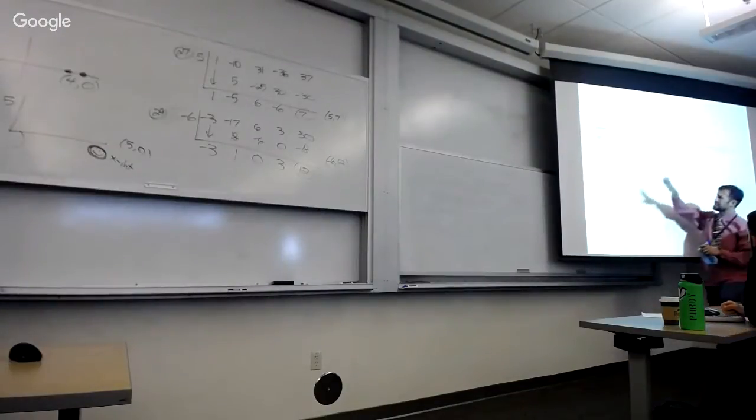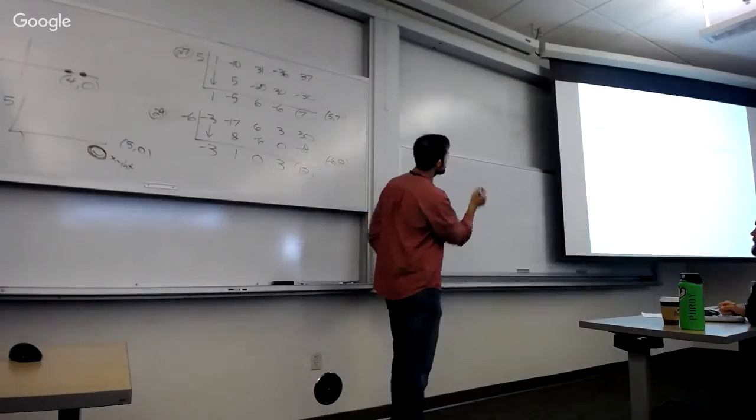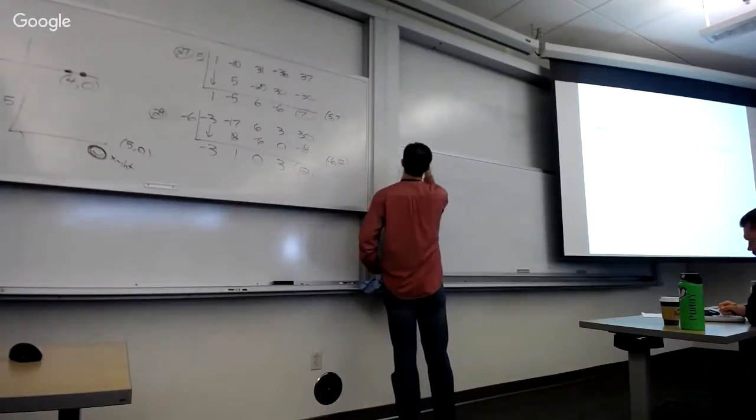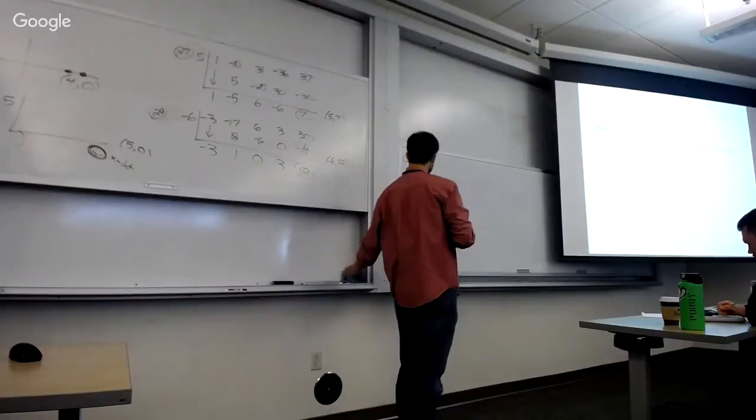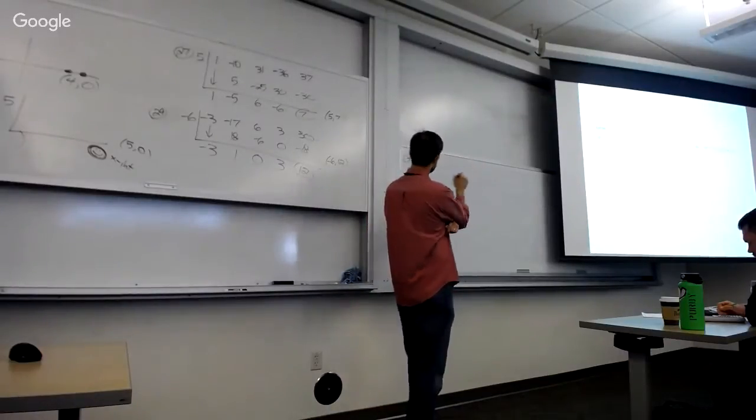Okay. So let's look at this. For number 30, first of all, we're taking that polynomial and dividing it by x minus 4.